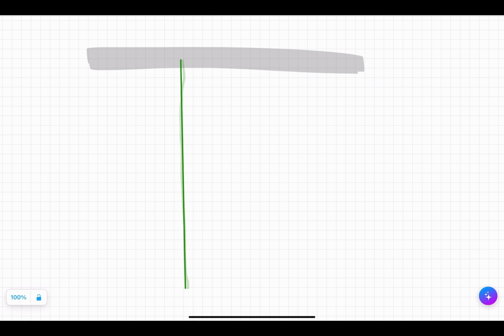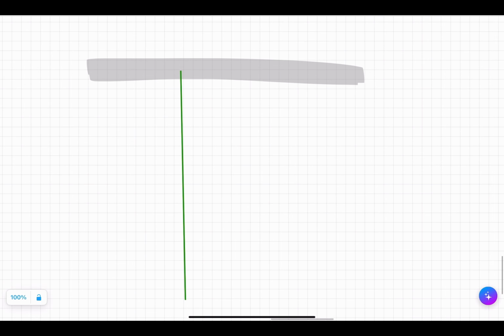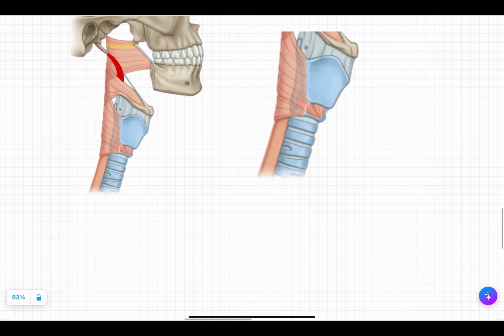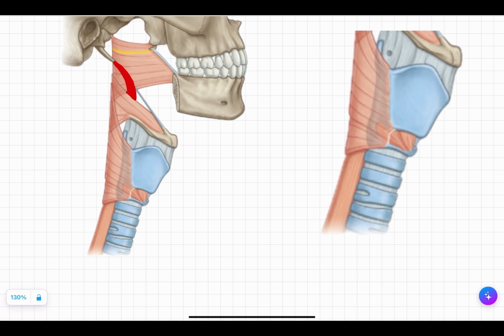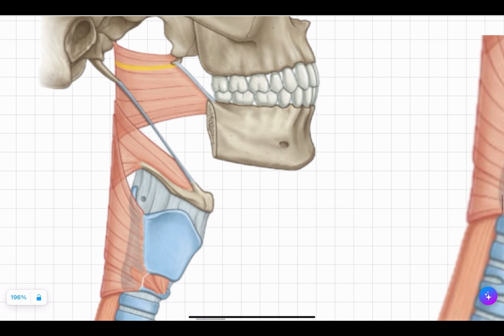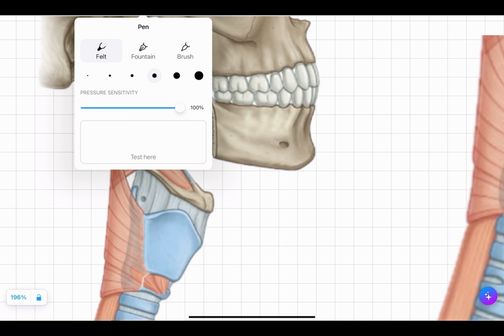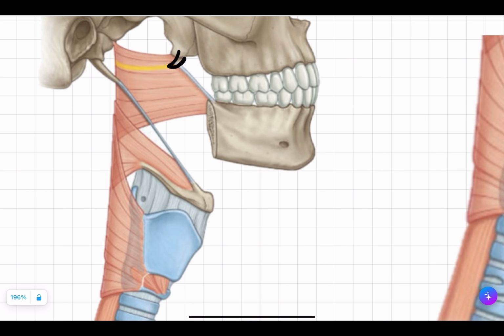This is the base of skull. This is the median raphe. Before that, let me show you the constrictor muscles here. You see this? This is your pterygoid hamulus. This is pterygomandibular raphe, and this is the posterior part of the mylohyoid line.